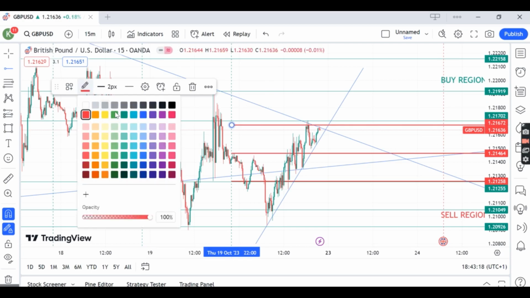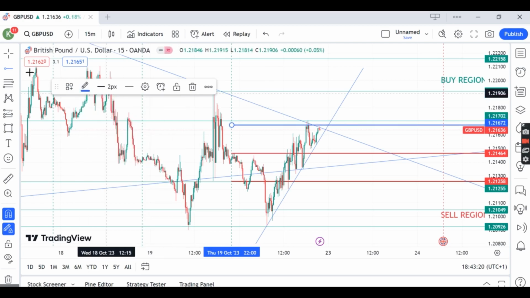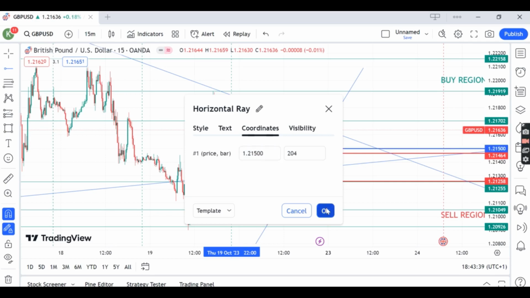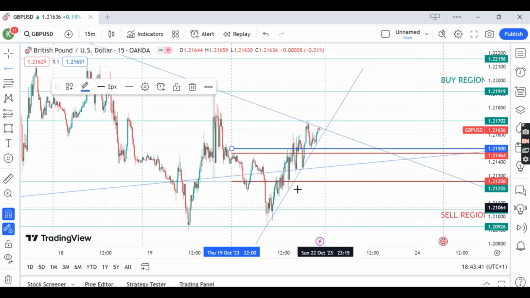We usually make our psychological level in blue. Psychological levels are round numbers. So what is the closest round number, using 50 pips for each of them, that is close to 216? The closest will be 215. Okay, so when you take out the zeros, you put 215. That's the closest psychological level.